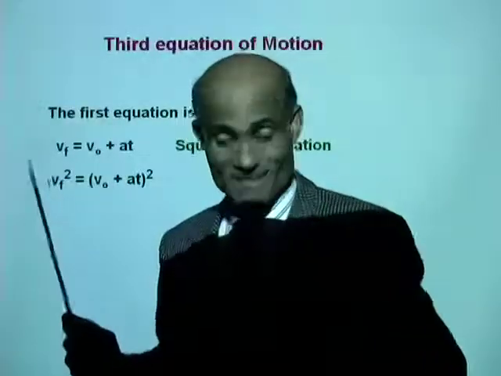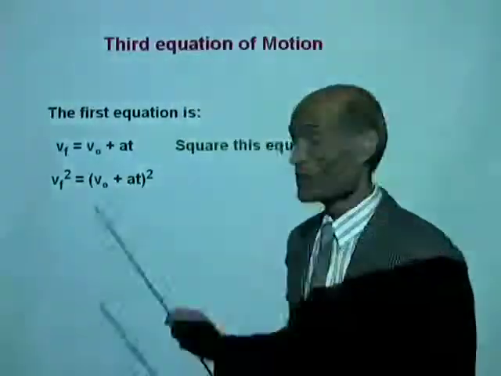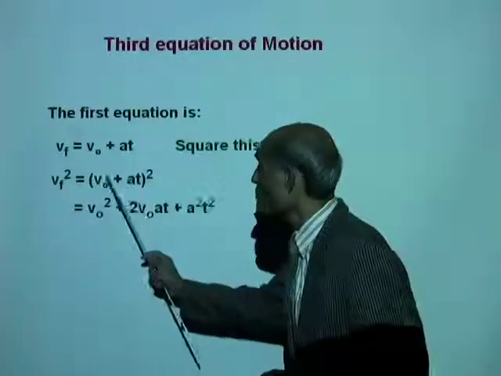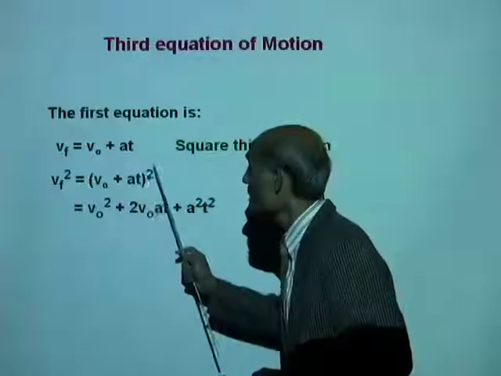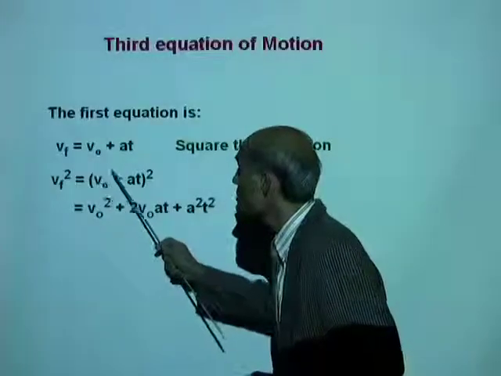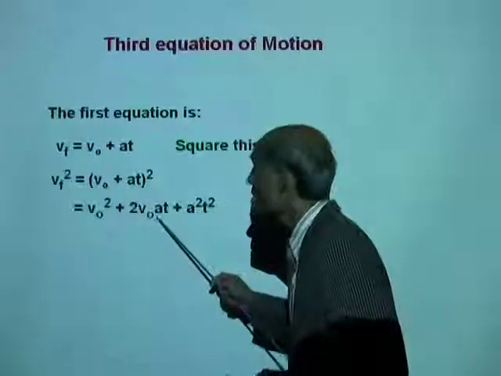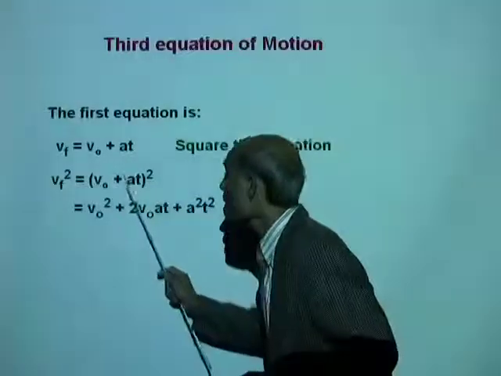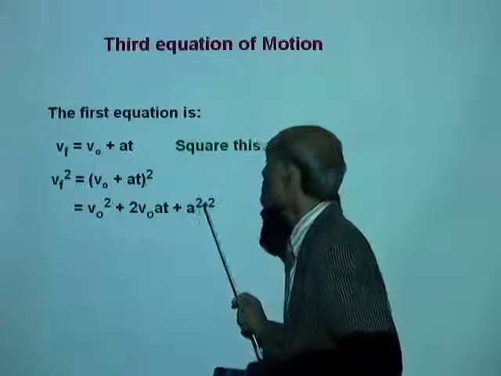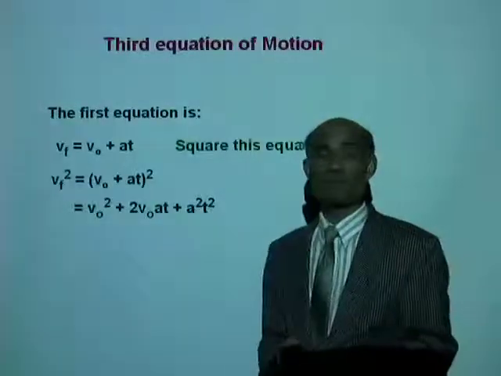Is that right? I think so. So how do you expand this? This will be the square of V0, V0 squared, plus 2 times V0 times AT, 2V0 AT, plus the square of AT, which is A squared T squared.